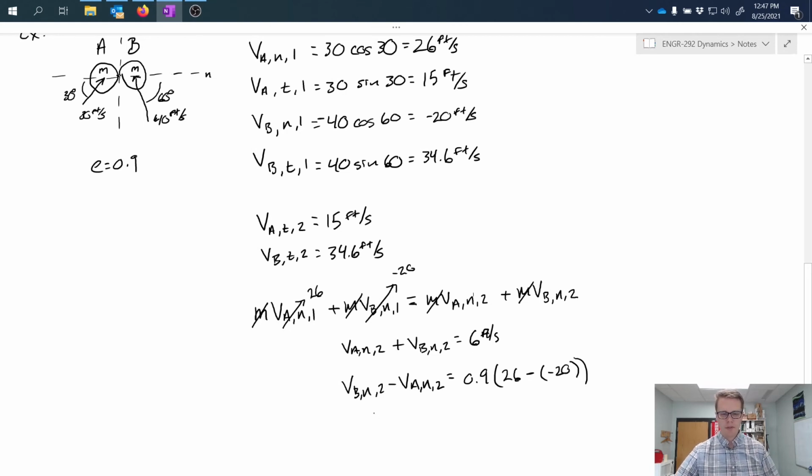And this gives me VBN2 minus VAN2 equals 41.4.